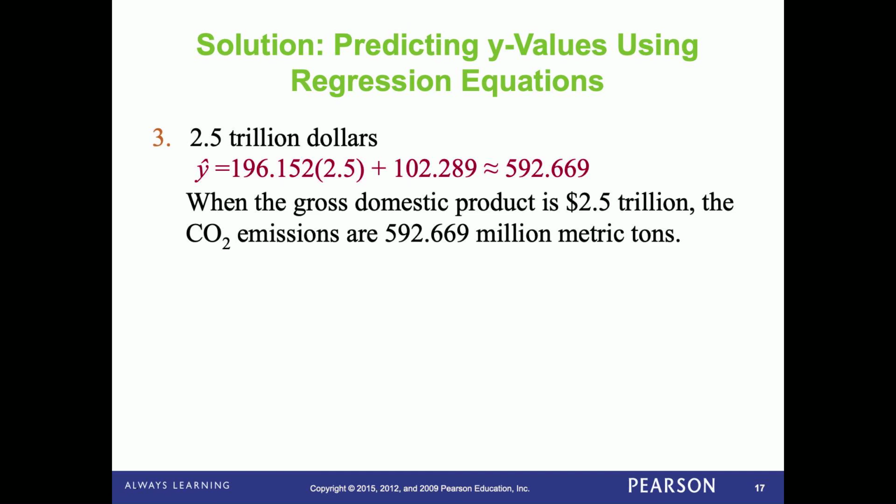I plug it in and I figure out my new y value is 592.669. Now these are predictions because the line of best fit is not going through every single data point. It's not actual data. It's a line of best fit that represents the data.